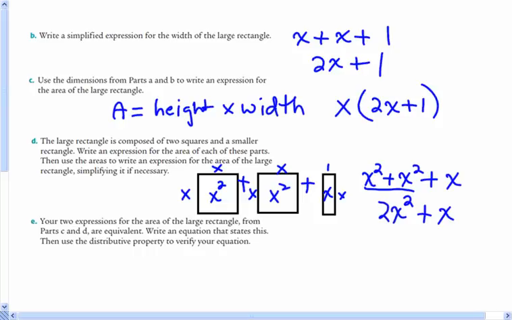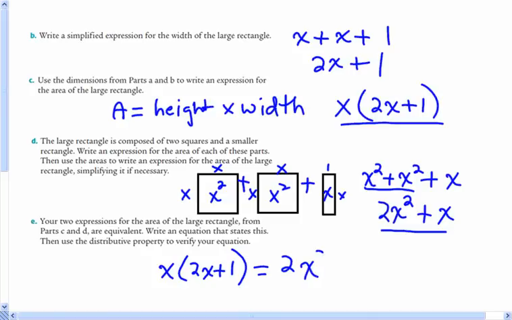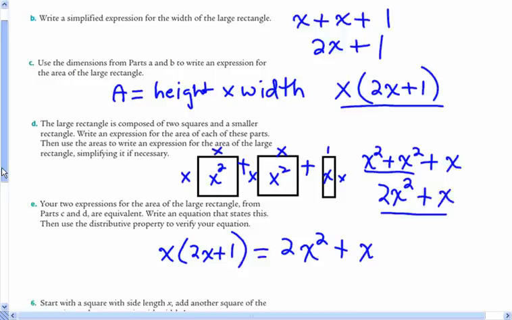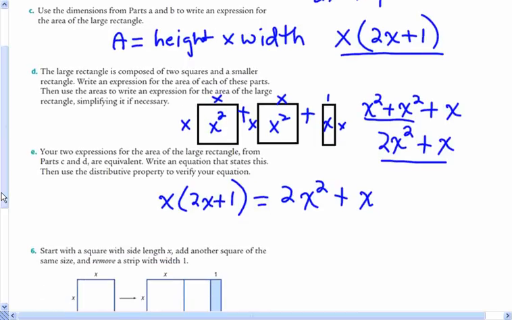And so now, since both of those represent the same area, we can say that our first expression, x times quantity 2x plus 1, is equal to our second expression, 2x squared plus x. Okay, now if we remember the distributive property, that just means we're multiplying the number outside the parentheses by each of the things inside.